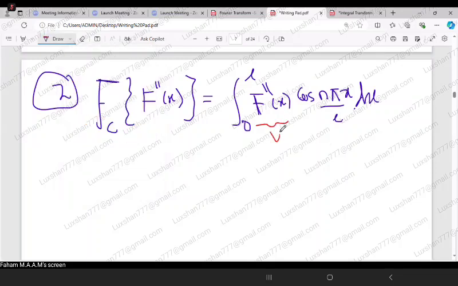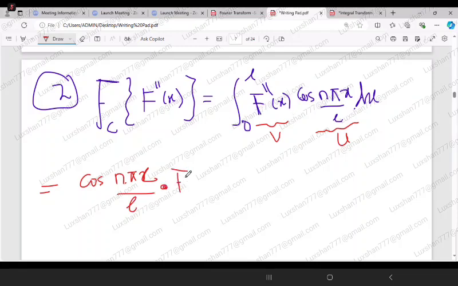So let me take this as my v function and this is my u function. So u function I will write as it is, cos n pi x over L into integration of this function. So what is the integration of second derivative? That is the first derivative.